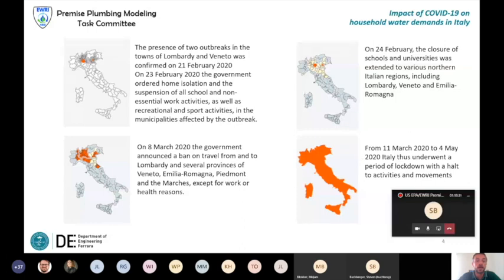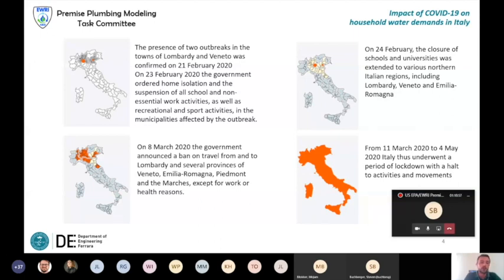And on the 8th of March, the government announced the ban on travel from and to several regions in northern Italy, including Emilia-Romagna, Veneto, and Lombardia. And finally, on the 11th of March, we underwent a period of lockdown till the 4th of May.